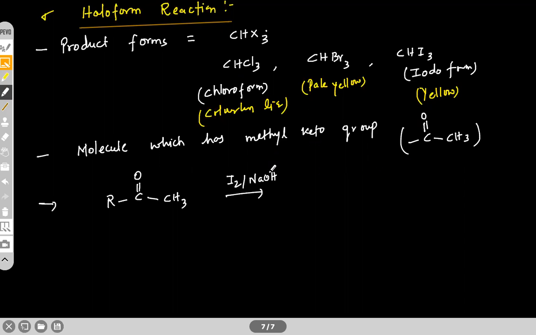The reagent is halogen in presence of a base. The reaction of halogen is also possible in presence of an acid, but that reaction is not haloform, that's a different reaction, but that is also important. We'll see what product we get when the medium is acidic. Here we see what product we get when the medium is basic.